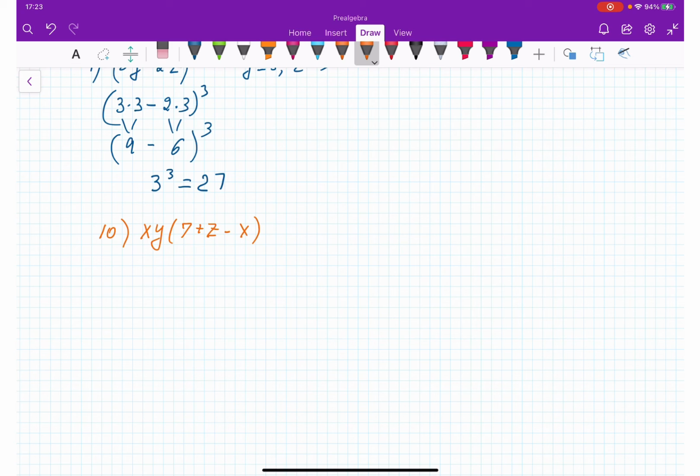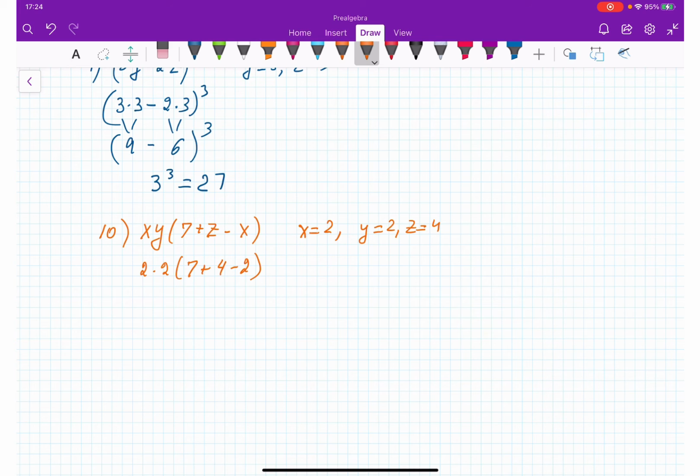Okay? x is equal to 2, y is equal to 2, z is equal to 4. Yes? So, what do we have? Let's plug in: 2 times 2 times 7 plus z, which is 4, and minus x, which is 2.